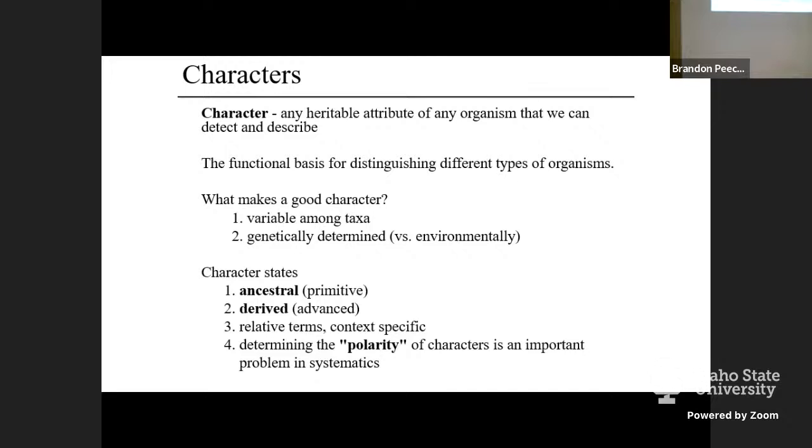What's another character we could put up here? Skull shape. What do you mean? Oh, can you say more what that means? Yeah, turtles. He's talking about the muscles in the temporal region of the skull. Mammals only have one hole, for jaw muscles.